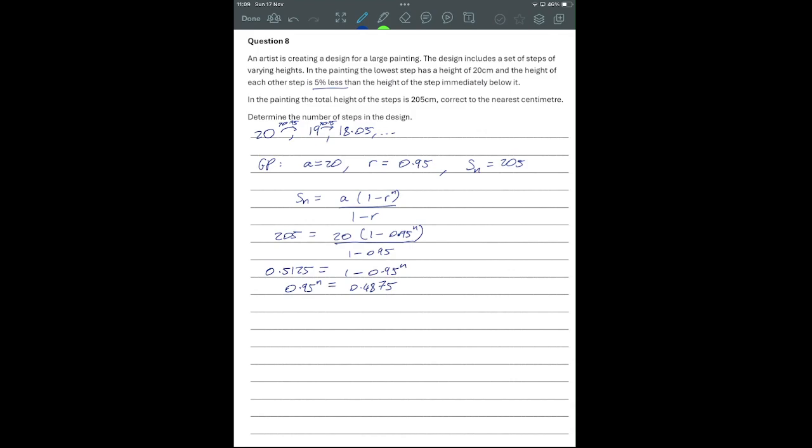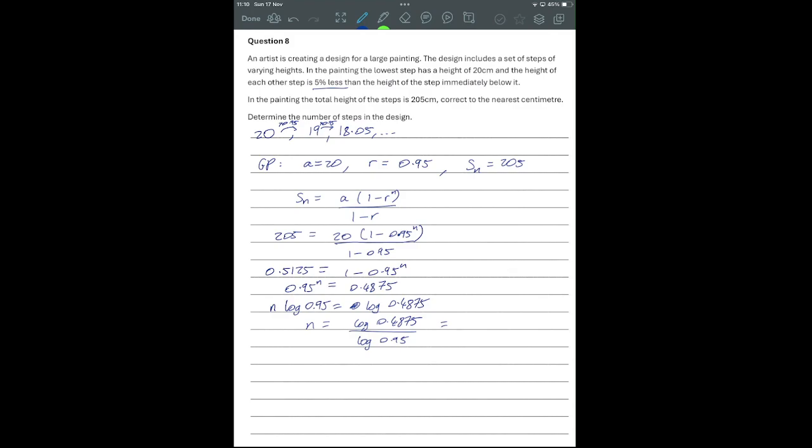Now if I want the n, normally the best way is to take logs. If you've got a power equation and you want the power, taking logs is normally the most efficient way to do it. Now it does not matter if you took ln or log, every single one gives the same answer quite conveniently.